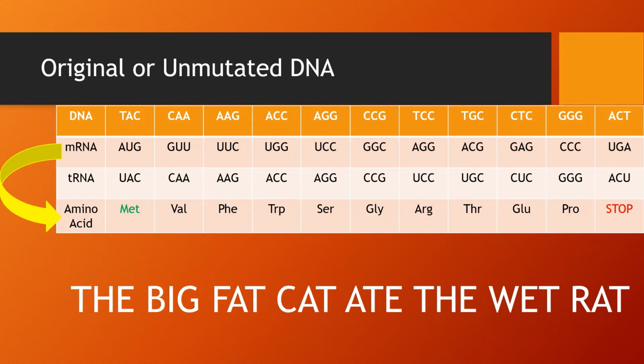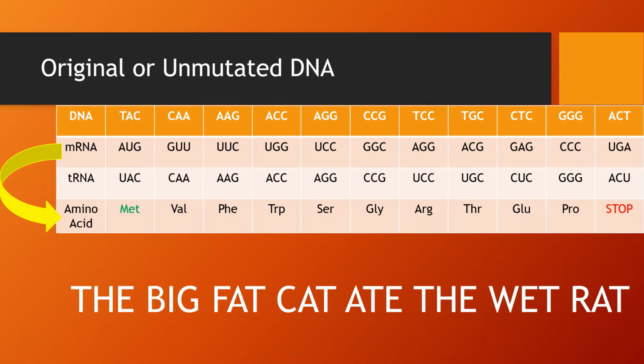Methionine is the start codon, which indicates that this is the start of the protein, so I have it labeled in green for go. And then there are 3 different kinds of stop codons. One of them is UGA in the mRNA code, and UGA just codes for stop, which I have in capital letters and in red.